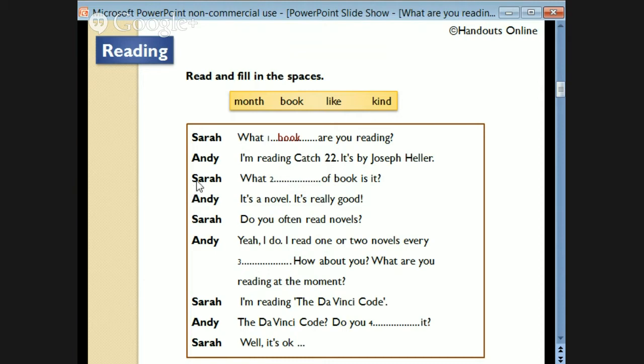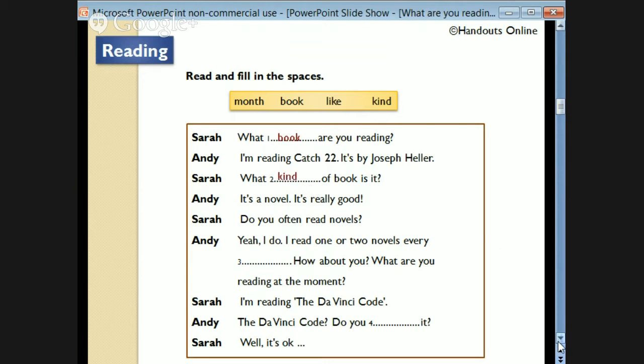The next line that Sarah says that has a blank in it is, what blank of book is it? So we are looking at the kind of book. What kind of book is it?